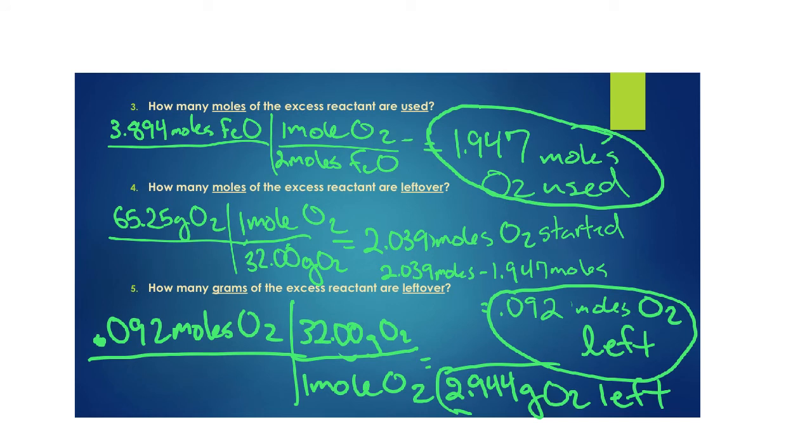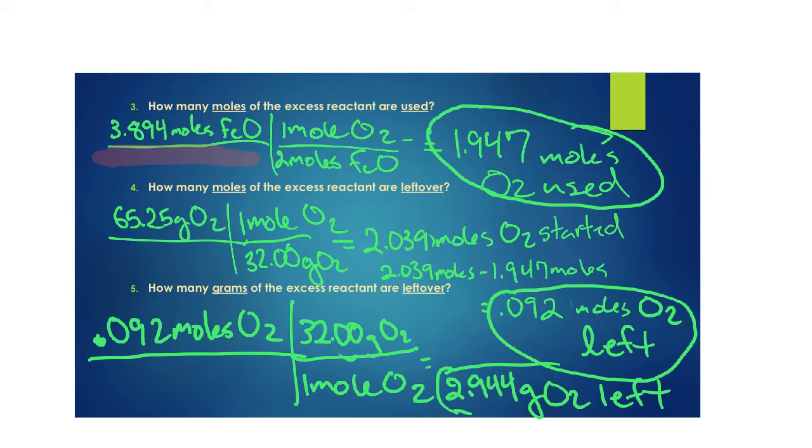Okay, so if we go further in solving this problem, we wanted to figure out how much of the excess reactant we have left. In this case, I compared it to a value that we already solved for, because again, we can use the mole ratios in any way. We already solved for moles of iron oxide, and so I can use that known ratio to convert that into oxygen.